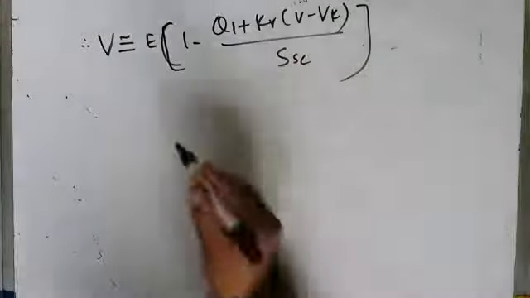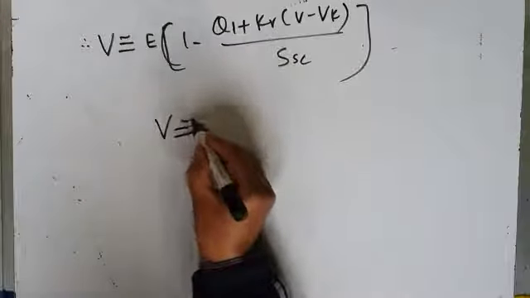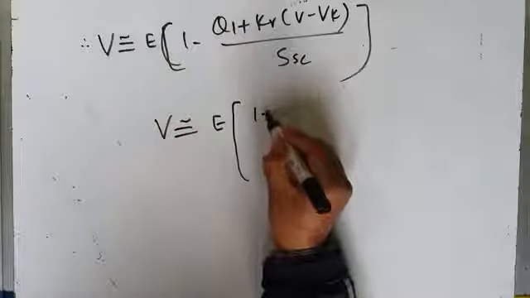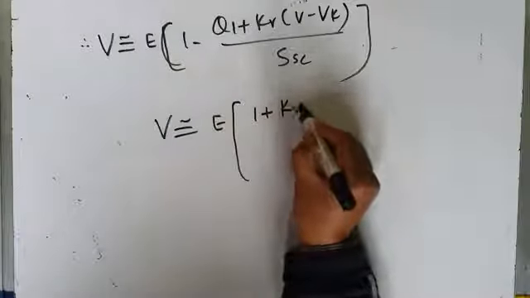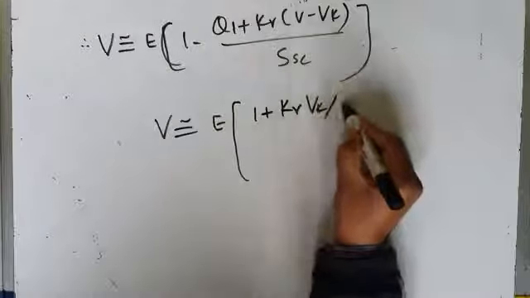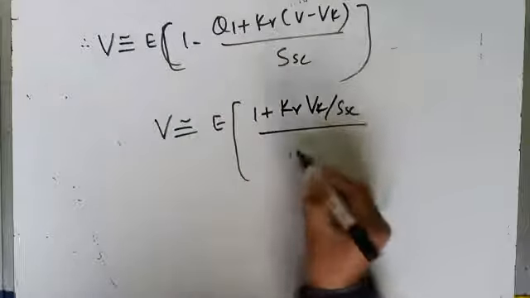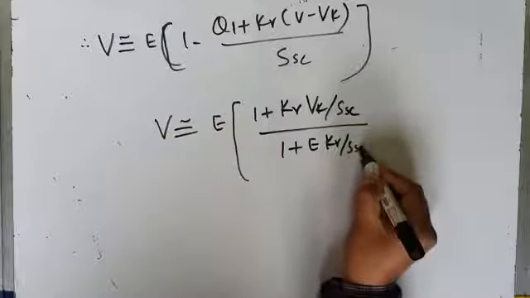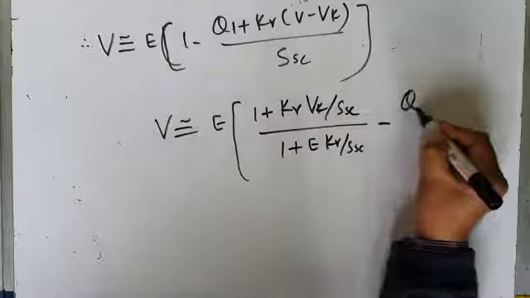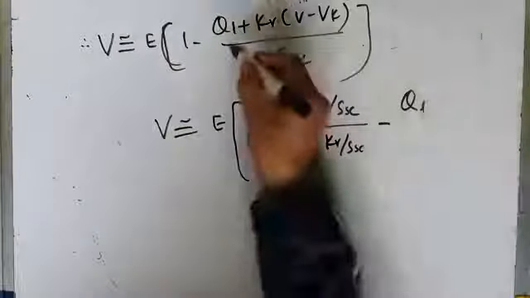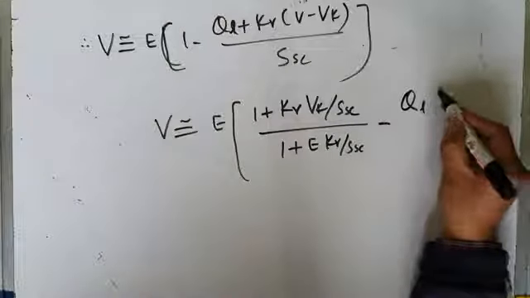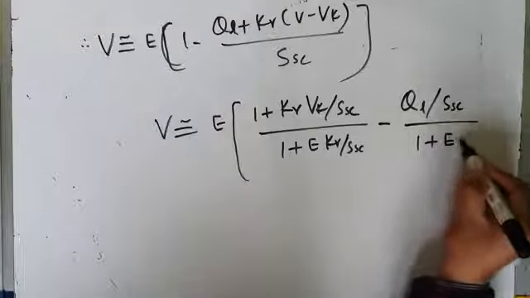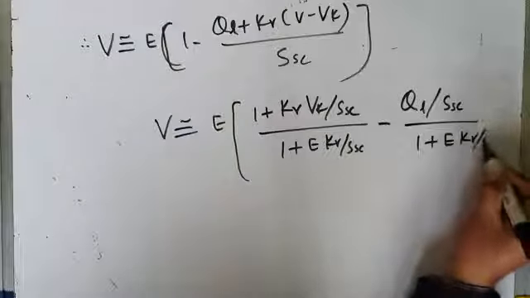Simplification and arrangement of terms will give us V approximately equal to E times, if I take E outside, 1 plus K gamma Vk by SSC by 1 plus E times K gamma by SSC, minus QL, that is load reactive power, QL by SSC divided by 1 plus E into K gamma by SSC.